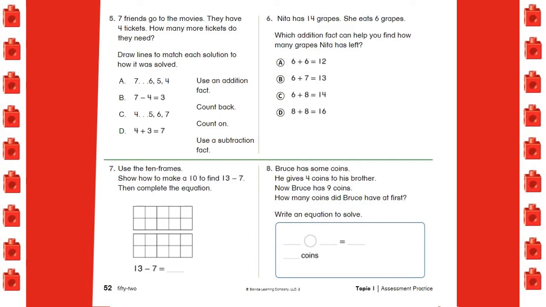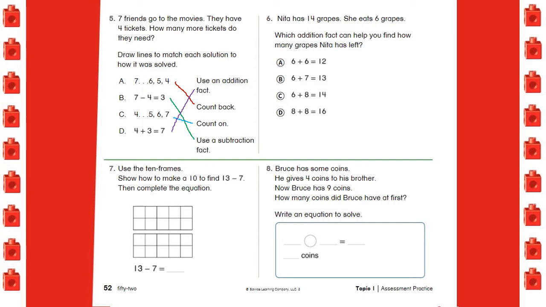It's a little bit different, but basically what you should have done here is for A, you should have chosen count back because that's the strategy that's being used there. For B, 7 minus 4 equals 3, that's use a subtraction fact. For C, you are going to choose count on. And of course, for D, 4 plus 3 equals 7, you're going to use an addition fact.